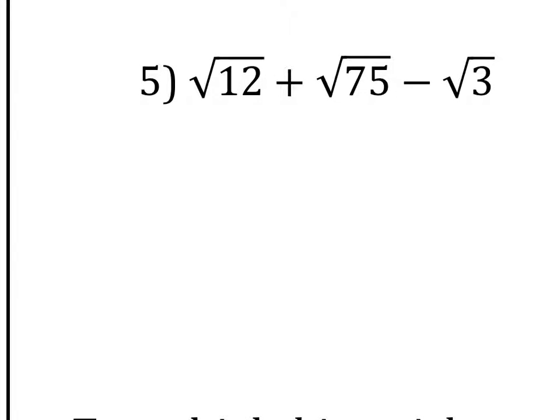Number 5. All right, talk to your partner. Can I add or subtract this one? You can add and subtract. How many people think yes, you can add them? Okay, how many people think no? Okay, you can. But they don't look like they have the same radicand. So why can we subtract them or add them? Yeah, we had to simplify. So this becomes 2 root 3.